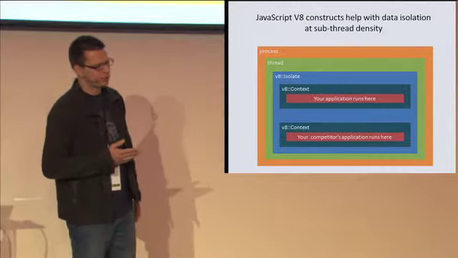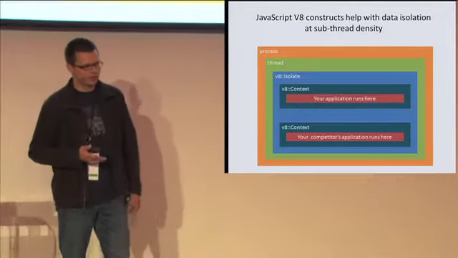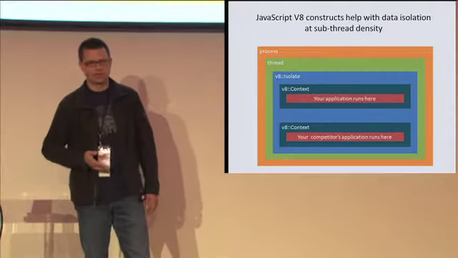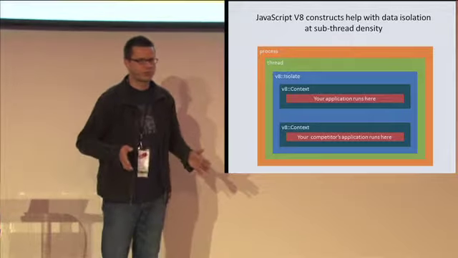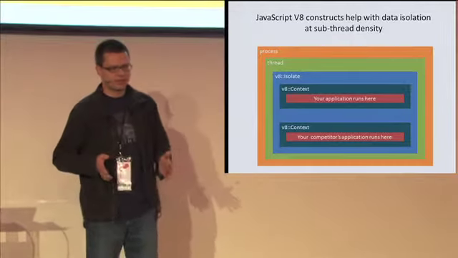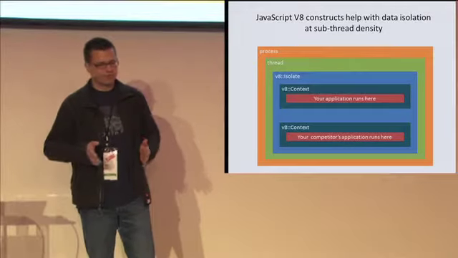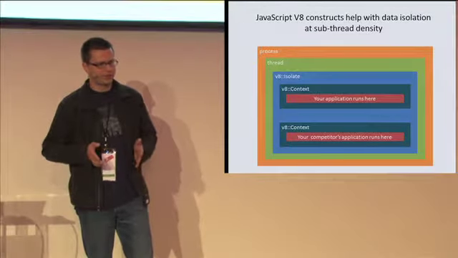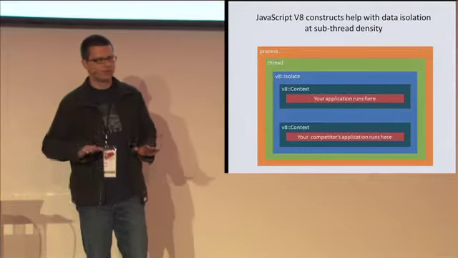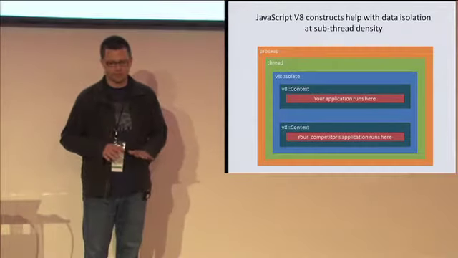In this solution, I'm going to use a single thread in the process, a single V8 isolate, which means that all the applications running within that process will use the same heap, the same garbage collector. However, I will use a different V8 context for each of these apps.